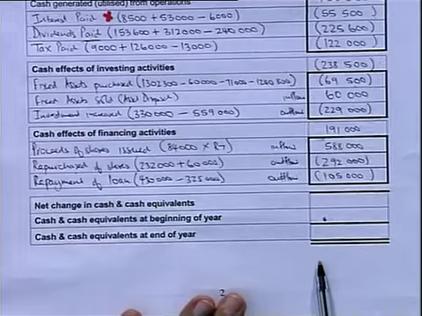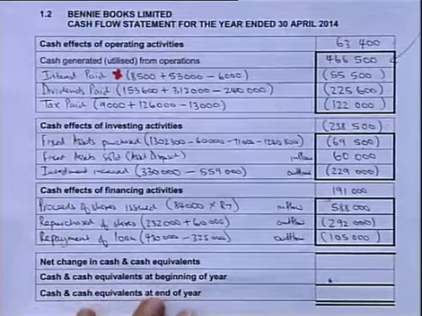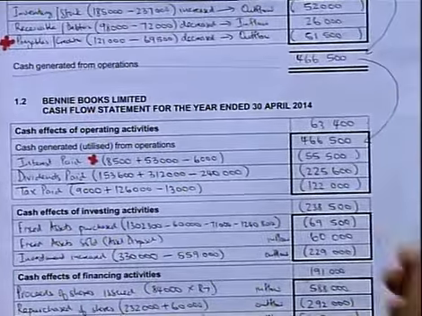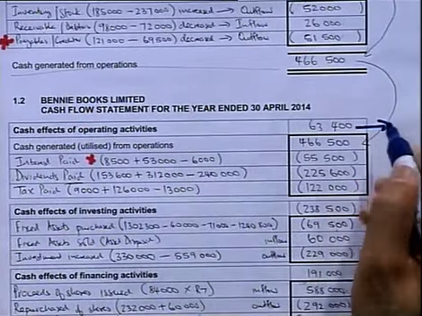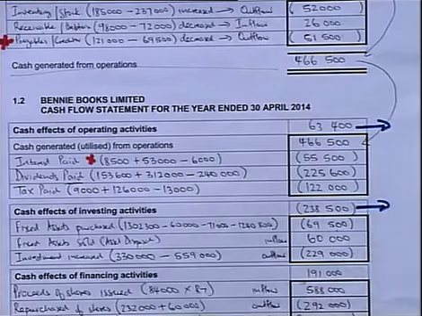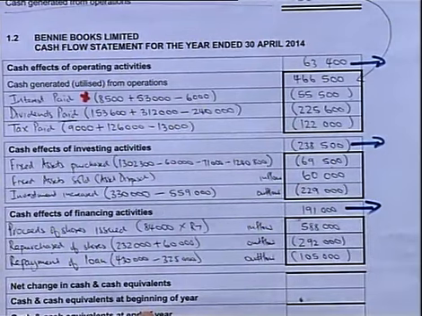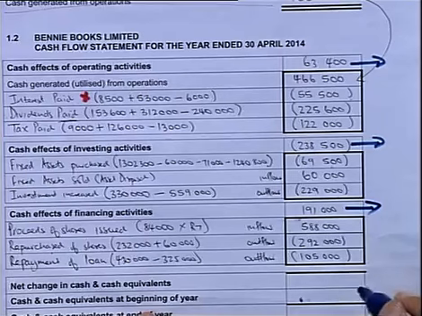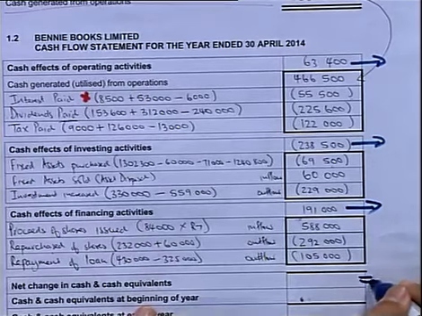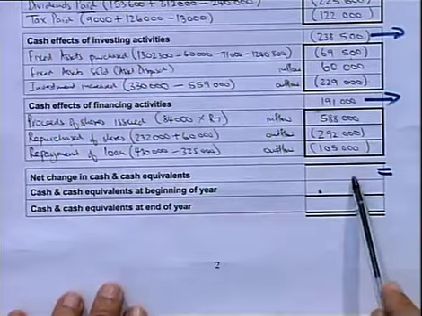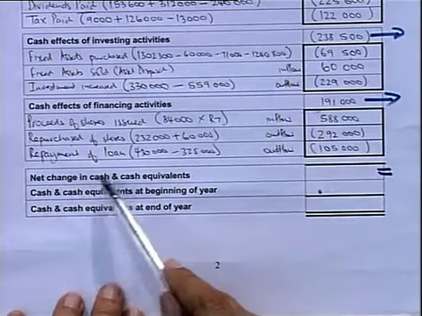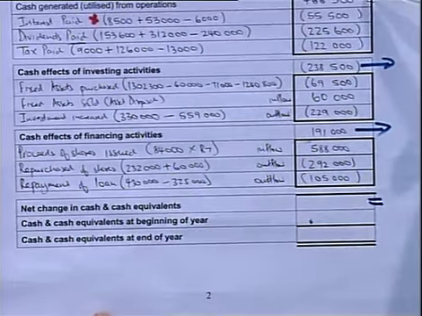Right, then all we have to do now, learners, is take the final answer of the operating activities, minus the final answer of the investing activities, plus the final answer of the financing activities, and that should give us the figure for the net change in cash and cash equivalents at the end of the year. So the net change in cash and cash equivalents will be the sum of those three blocks that we have to offset.